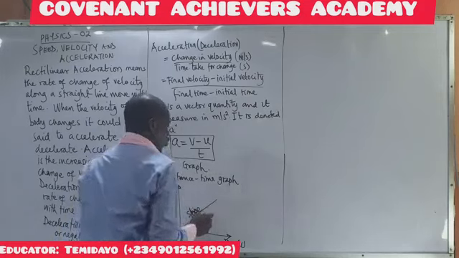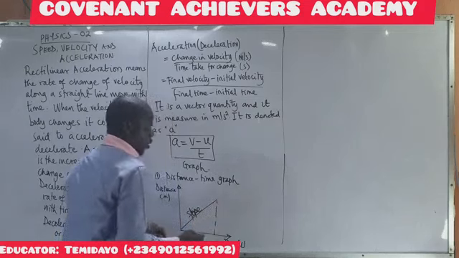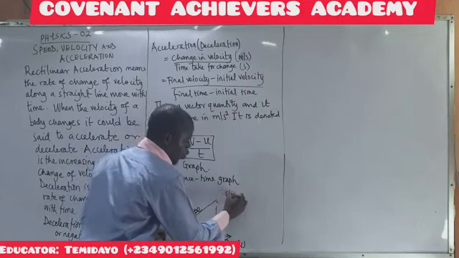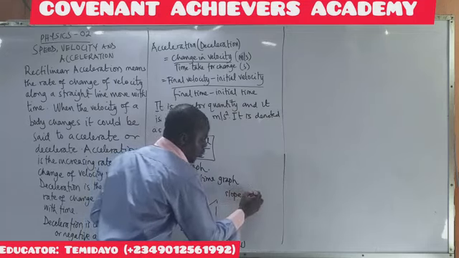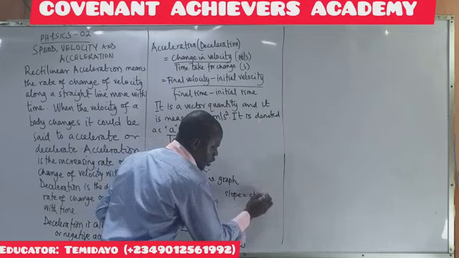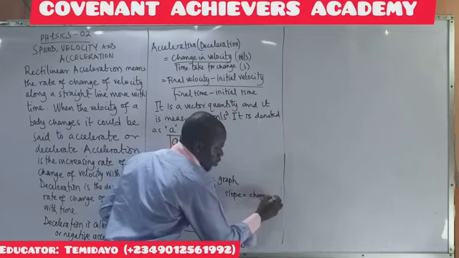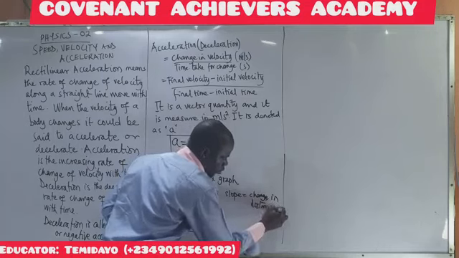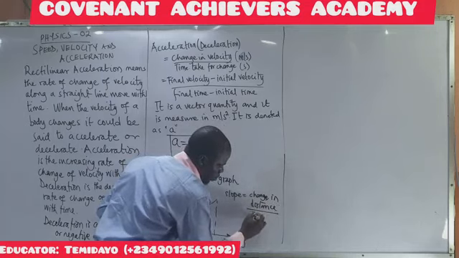And the slope of the distance-time graph, as you can see, that means for us to get the slope of the distance-time graph, it is going to be change in distance over change in time.